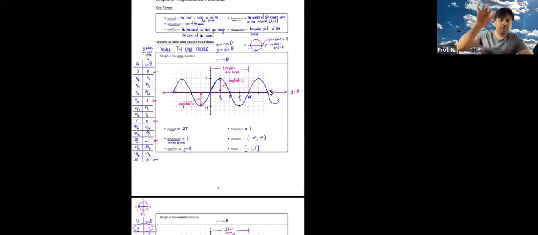So as you move around a full revolution, your angle of the terminal side with the positive x-axis is increasing from 0 to 2 pi. And as that's happening, your y coordinates will go up, become 1, then go down to -1, then go right back to 0.